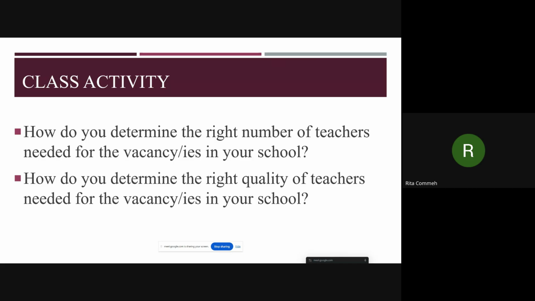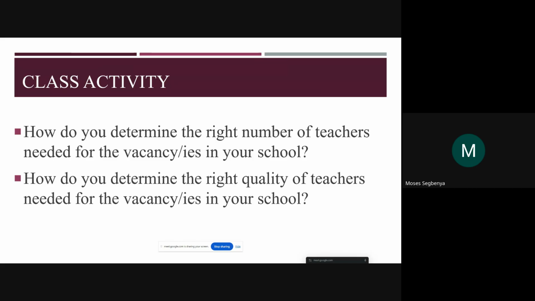Hello, Doc. Can I also say that you should also consider the number of classes or streams? Yes. So the growth has implication for classes. If the growth is bringing in more classes and more streams, then it means that you need more teachers. And you look at the rate at which it's going.